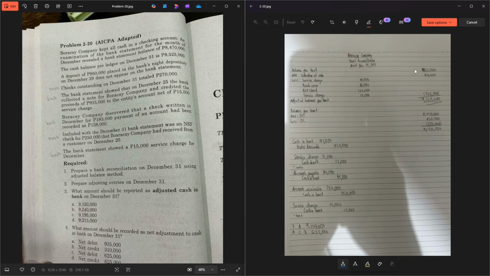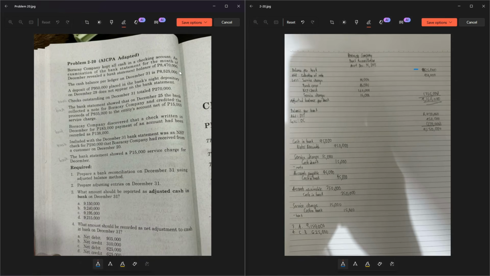Then the collection of the note is 950,000. Then deposit of place in banks.